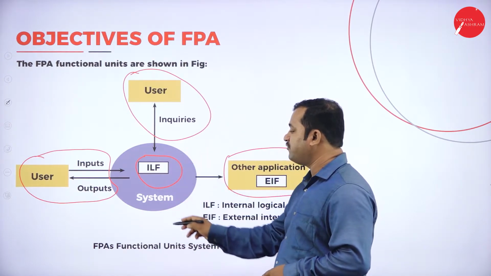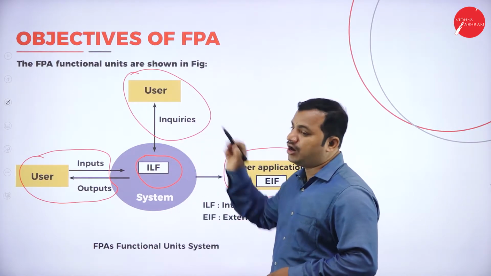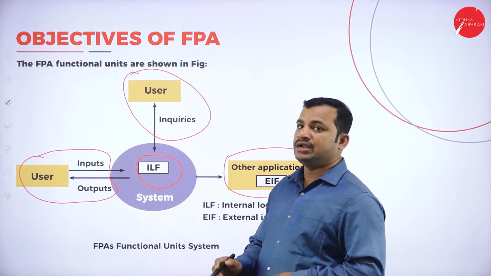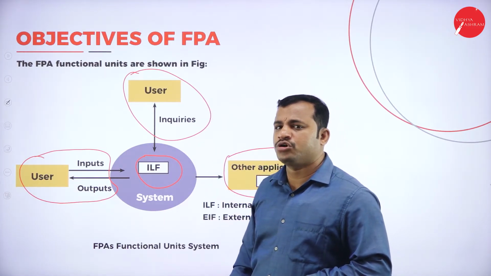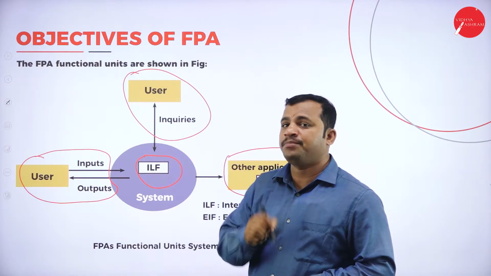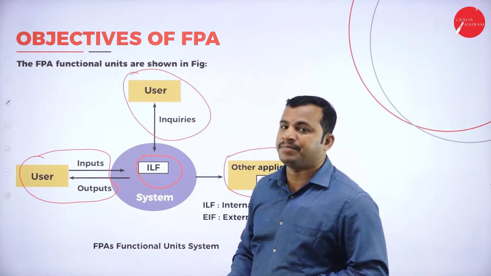All those details have to be maintained. This is a pictorial representation of the function point analysis that is going to be determined. In the next 10 subsequent slides, you are going to see how the function point analysis is determined with the help of an example.